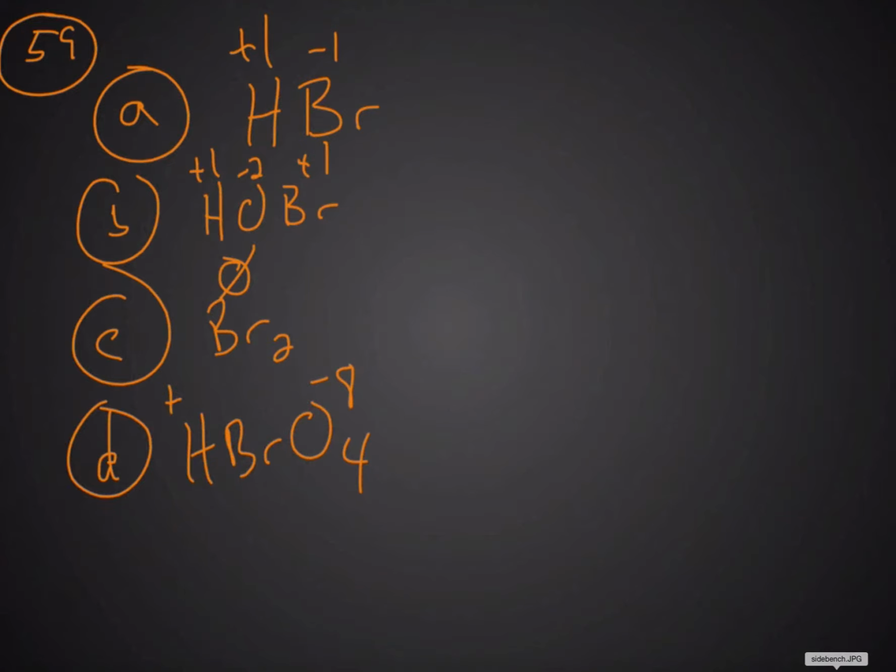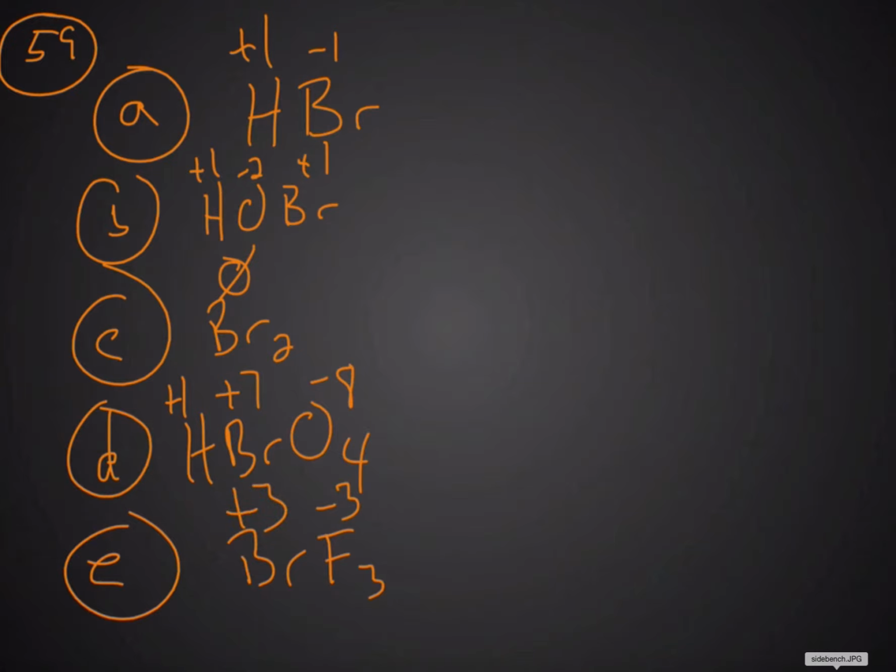The hydrogen gives you a +1. In order for this to be balanced, this must be a +7 for bromine. And finally, we've got bromine with 3 fluorines. Fluorine is a -1, so the total there is -3, which means the state of bromine must be +3.